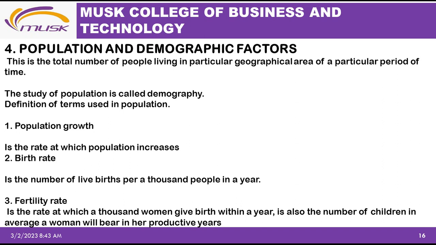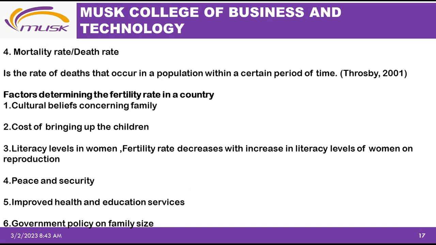We can have the meaning of the rate at which women are giving birth, and also we can define it in terms of the average woman, or the average age of giving birth. How many children is a woman able to have at that particular age? Then we have mortality rate, or the death rate, is the rate of deaths that occur in a population within a certain period of time.